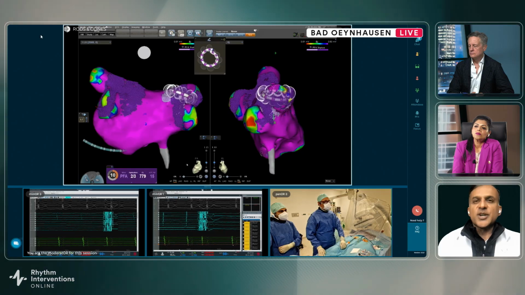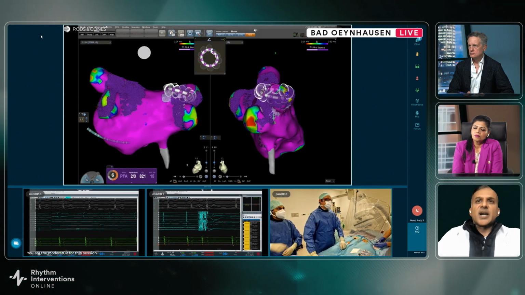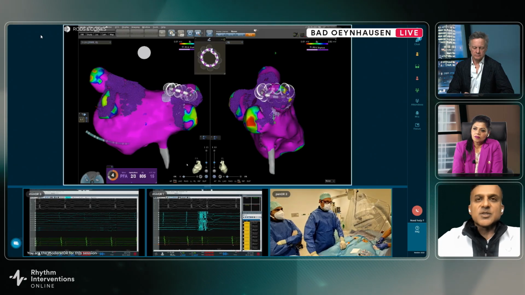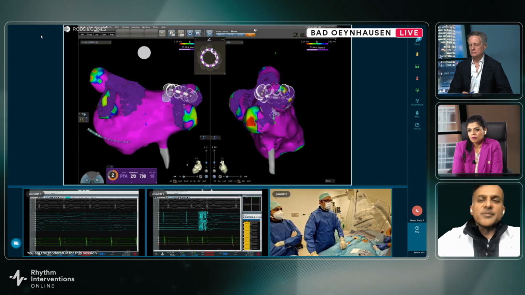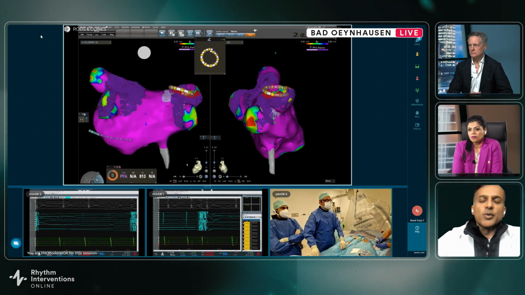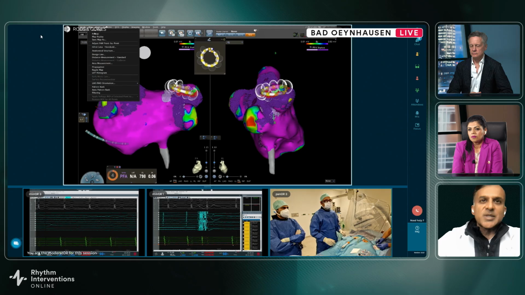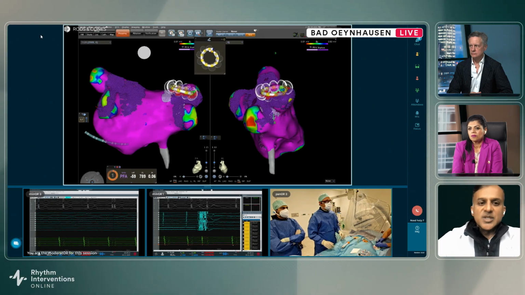So there's potential for some joule heating from any catheter that's delivering that kind of energy. It's not unique to this system, and the temperature on the electrodes potentially could be kept lower with a higher flow rate. Right now the system is not automated for that 30 cc flow rate.